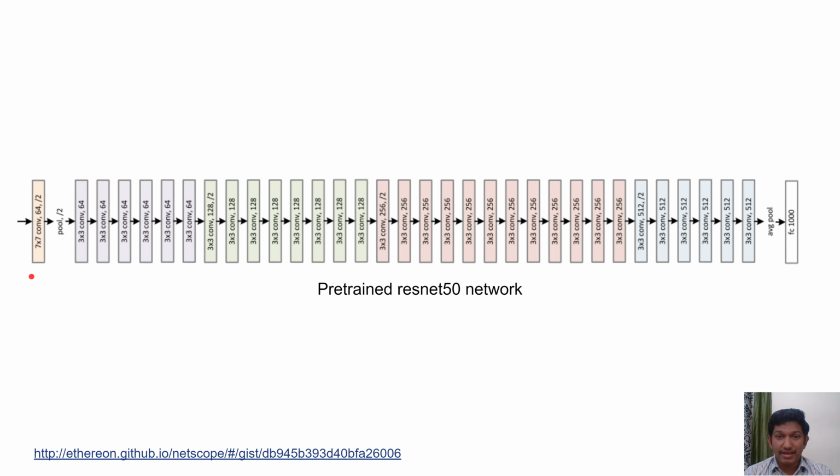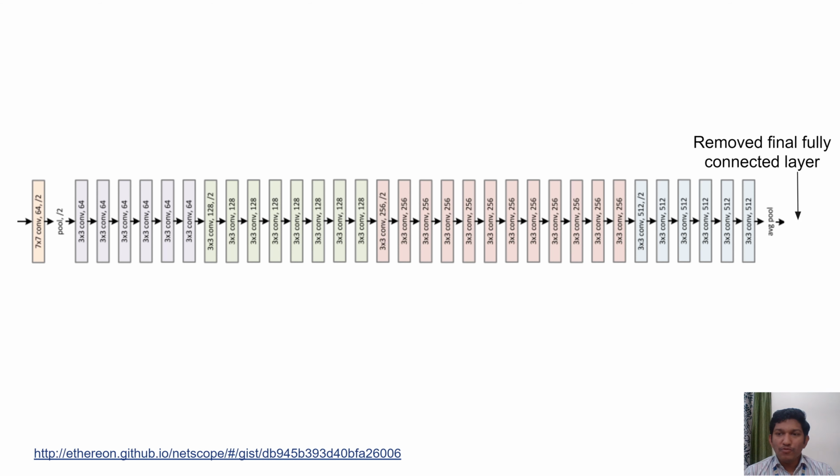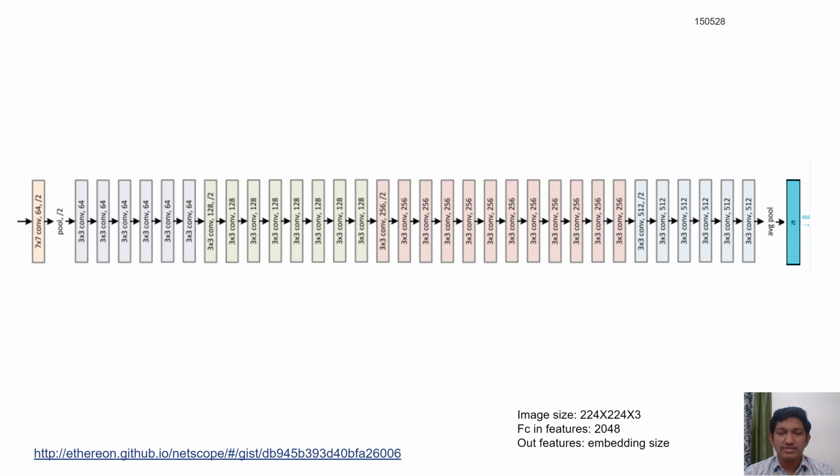As they have better accuracy, they will have better feature extraction. So we use the transfer learning technique to modify this pre-trained ResNet 50 network. We removed the last layer, which gives an output of a 1000 element tensor. I mean, the size of output is 1000.